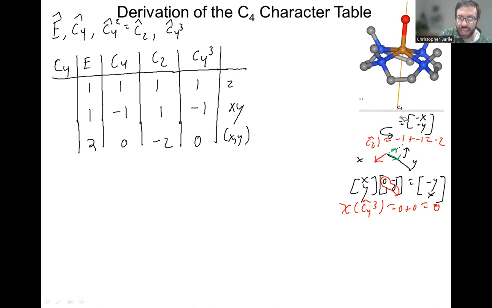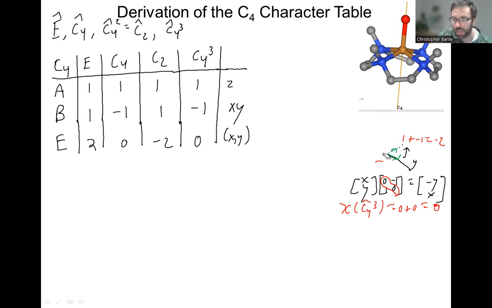We give it an A if it's symmetric with the principal rotation axis. So for this first one, we are symmetric. We're a 1 with C4. That's our principal rotation axis. So we give it an A. The second one, we're anti-symmetric. We have a -1 under C4. So we give it a B. And then the Mulliken symbol rules tell us that for ones with a dimensionality of 2, we call it E. And so at this point, our character table appears to be done.